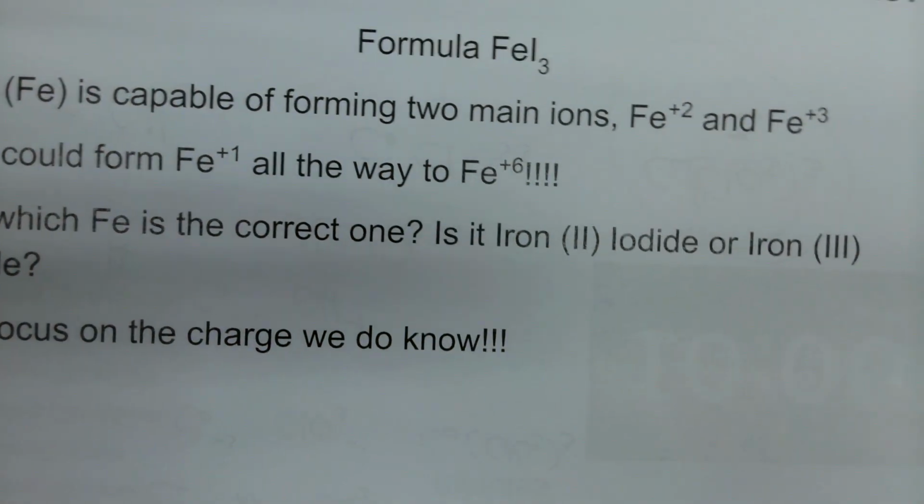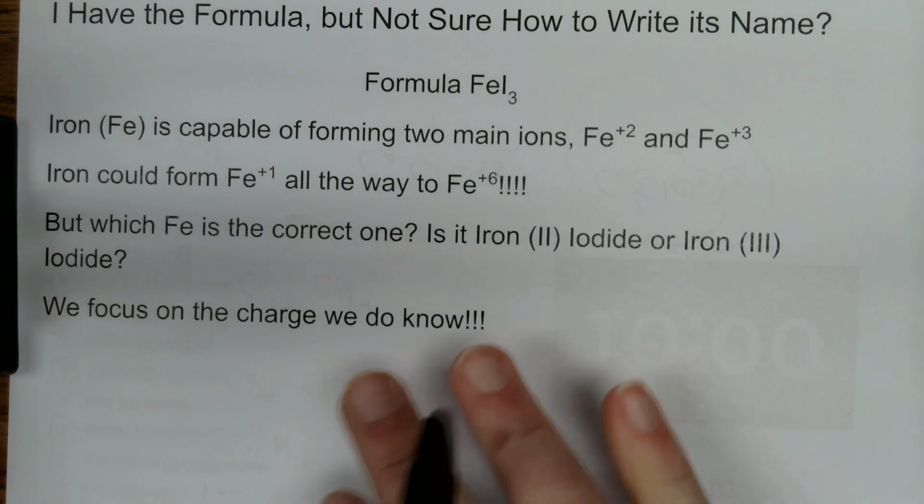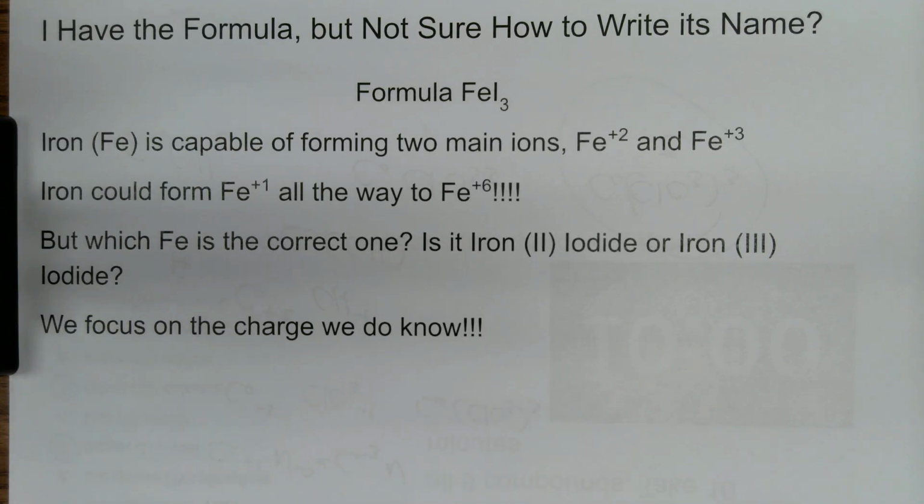Let's say in a case like this, I have the formula, but I don't have the name. That's what I meant to do with my last one. I meant to give you guys the formula, not the name. I have a formula of iron iodide. Now, crazy thing is that the main 2 flavors of iron are Fe plus 2 or Fe plus 3, but I can get iron all the way down to Fe plus 1, and all the way up to Fe plus 6.